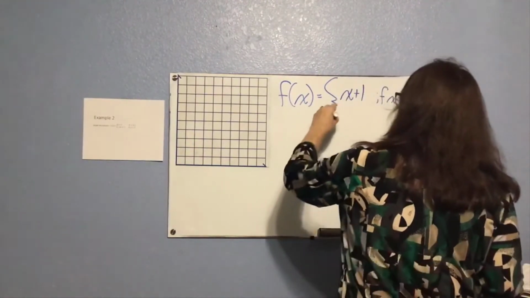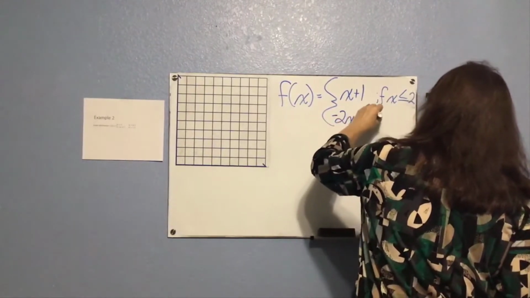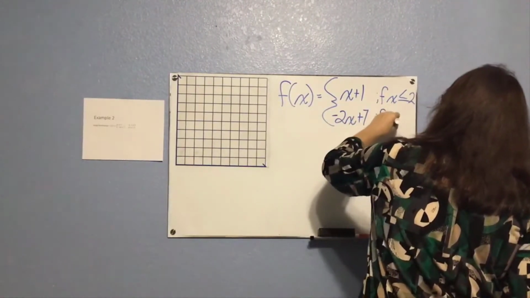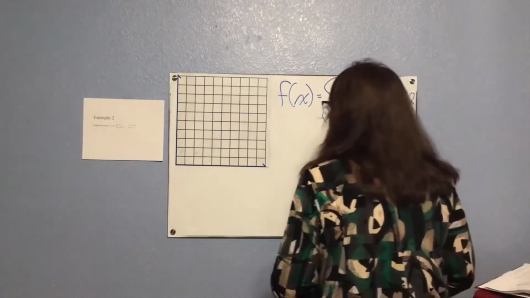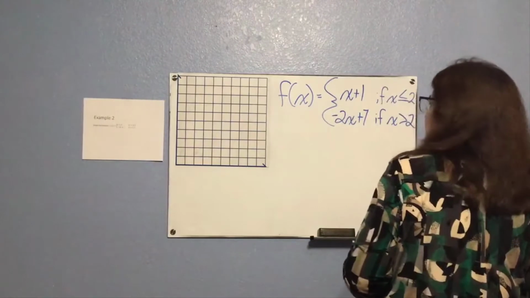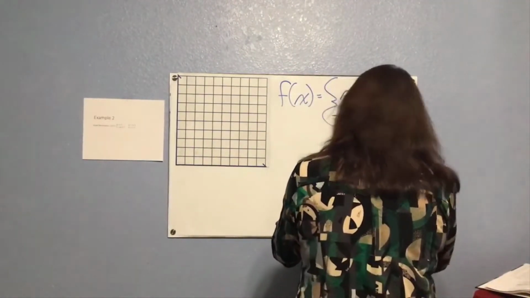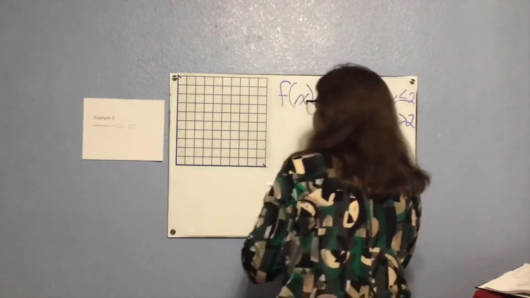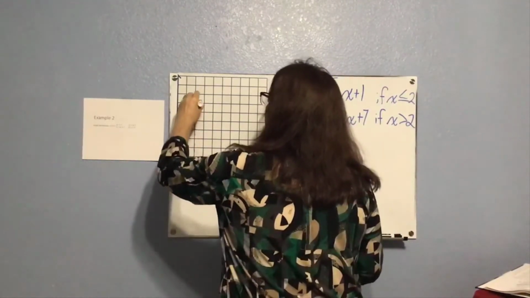And then negative 2x plus 7 if x is greater than 2. So I'm just going to draw a little dotted line here at 2, because this is where we're going to change functions when x is 2.